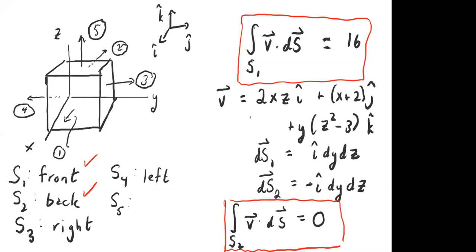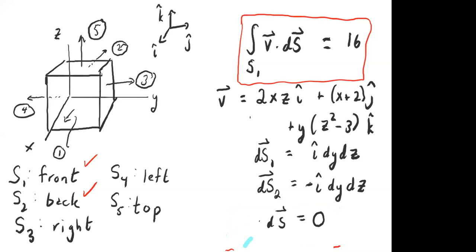The top of the cube. So again, the cube has 6 sides to it. And I'm only in this problem worried about calculating the surface integral over 5 of the 6 sides. So I'm going to keep my figure here, and get rid of the work that we did last time.